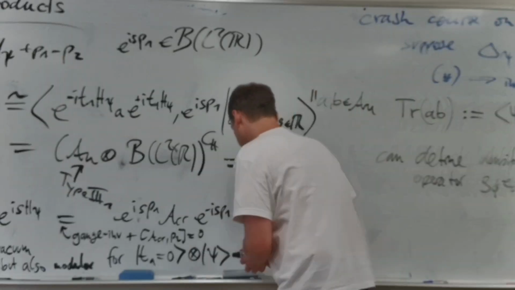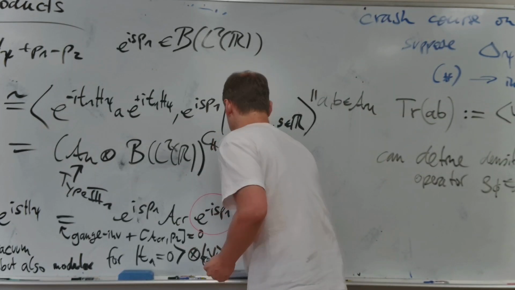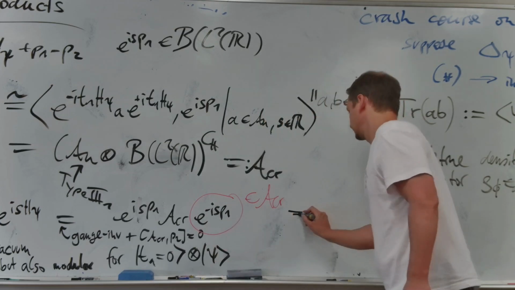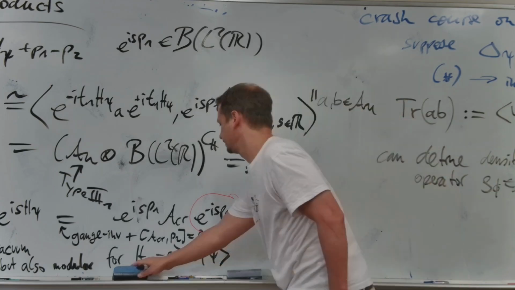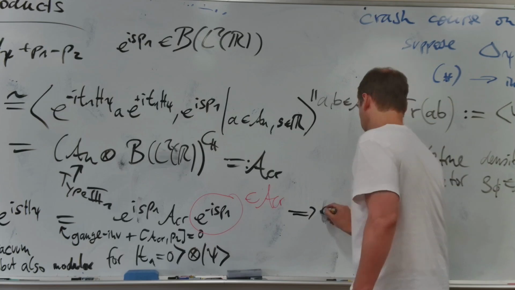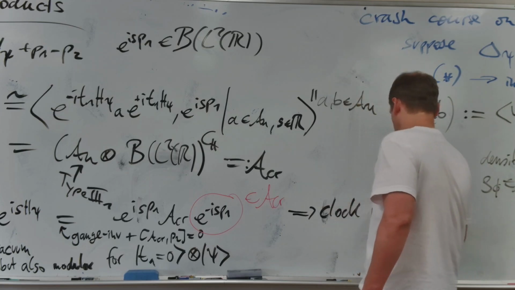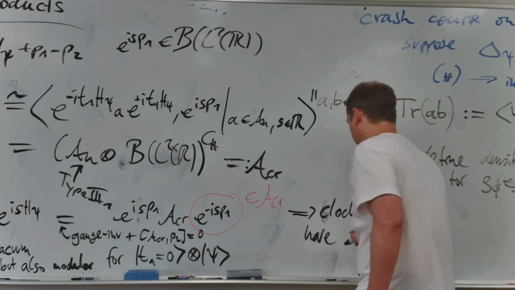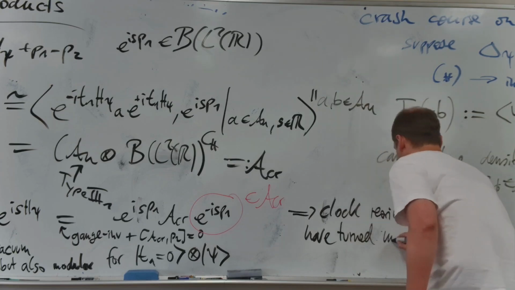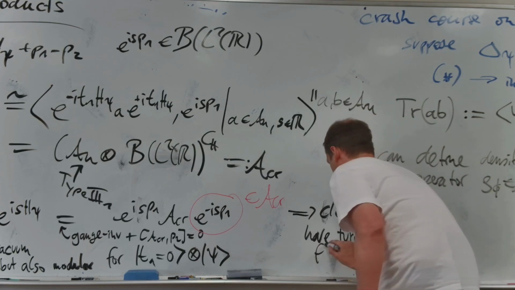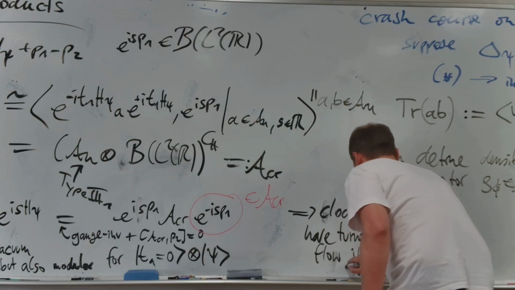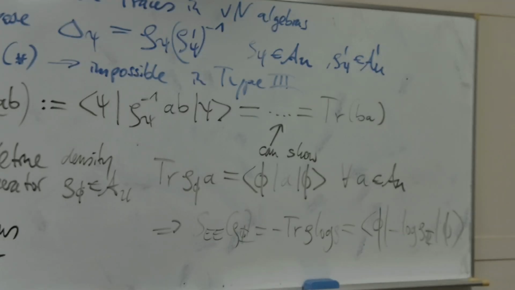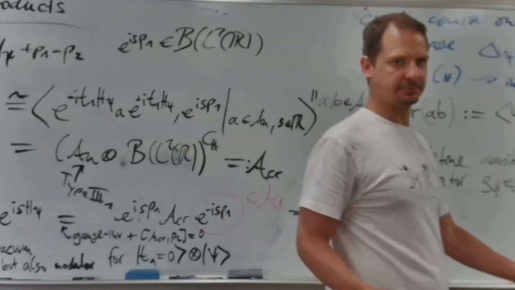So I've turned the modular flow inner. As I told you, modular flow is always outer in type 3 algebras, so from this you conclude that it cannot be a type 3 algebra.